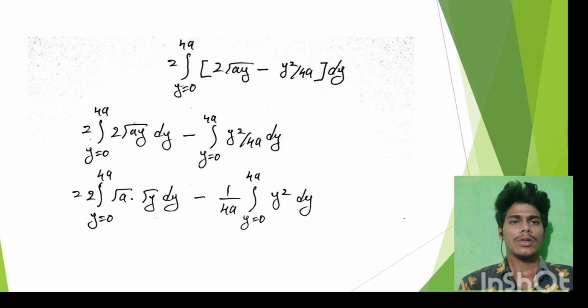Integral y equals 0 to 4a, 2 root ay minus y square by 4a, dy, that is integral y equals 0 to 4a 2 root ay dy minus integral y equals 0 to 4a y square by 4a dy. We separate the constant: 2 root a into root y dy minus 1 by 4a integral 0 to 4a y square dy.